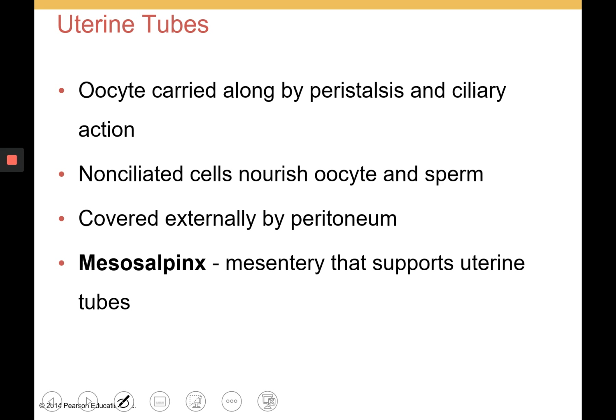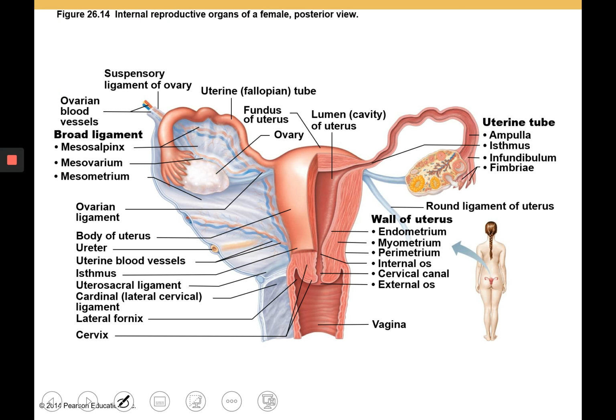And then you have the mesosalpinx of the broad ligament. It's just a mesentery that supports uterine tubes. So here is the mesosalpinx, and we can see that it's included in the broad ligament that supports not only the uterine tubes, but the ovary and parts of the uterus as well.